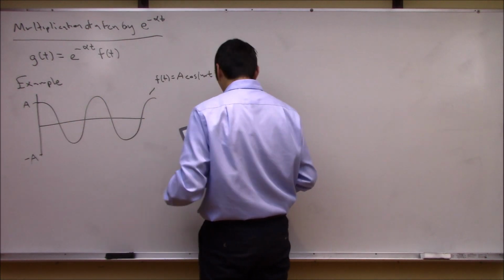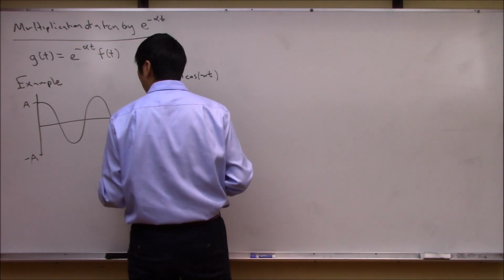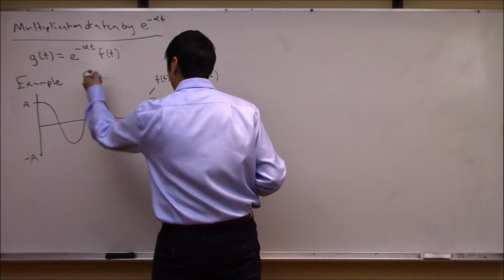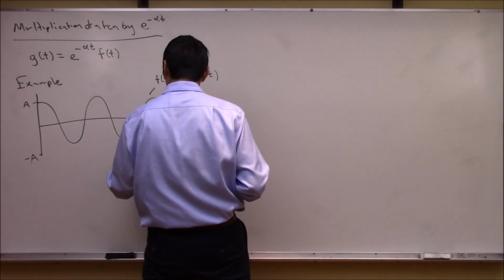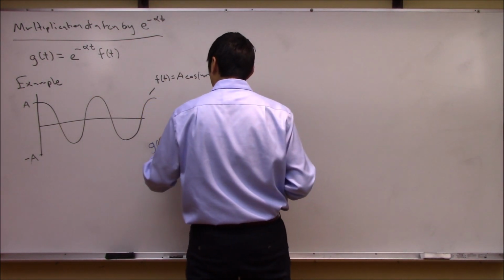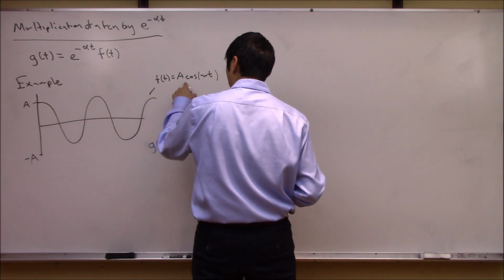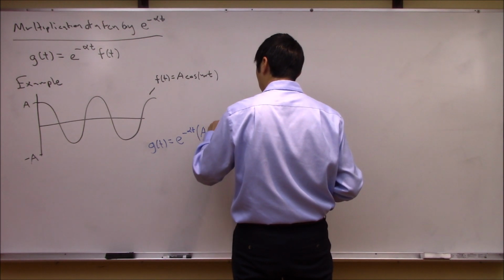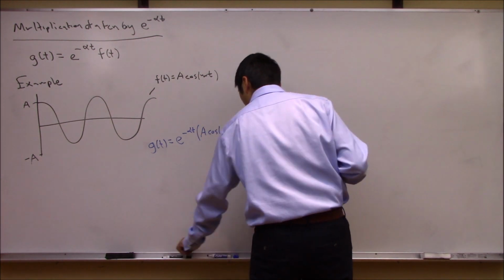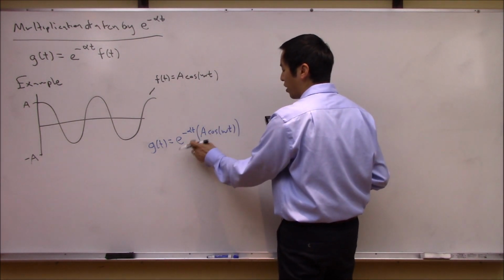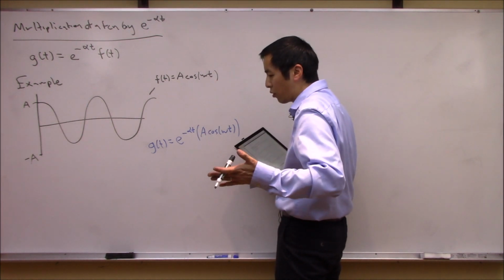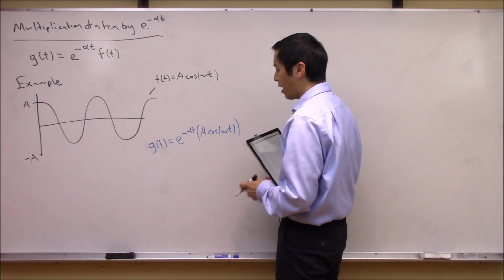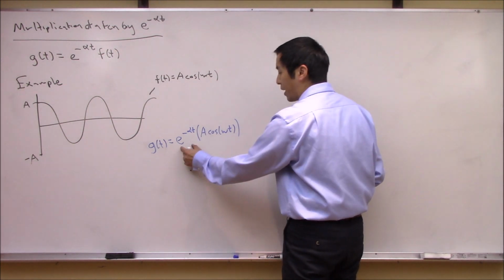Now let's consider another function, g of t, which is going to be e to the minus alpha t times this cosine omega t. You can think about this e to the minus alpha t as basically making the cosine wave either decay or exponentially explode. In most cases, alpha is positive, so this would be a decaying cosine wave.